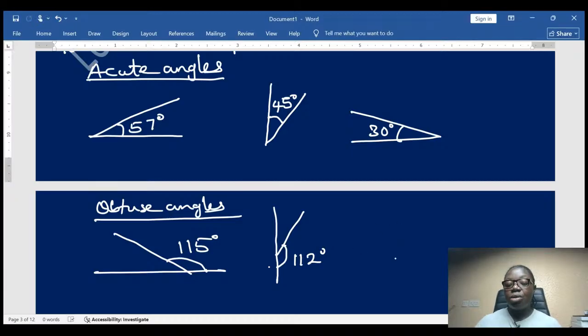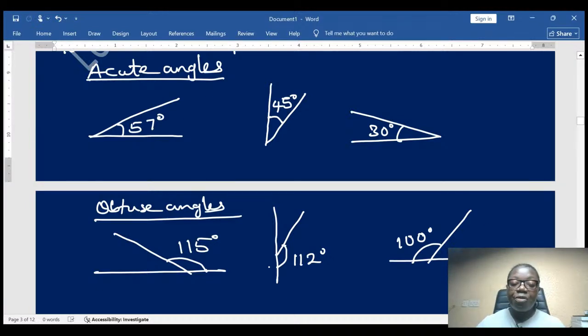You can also have it drawn like this, and this angle is 100 degrees. All the angles that are greater than 90 degrees but less than 180 degrees are called obtuse angles.